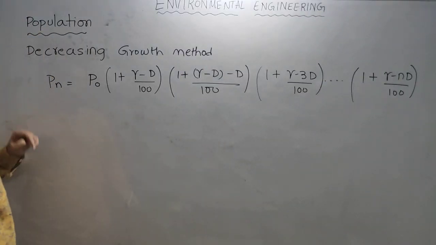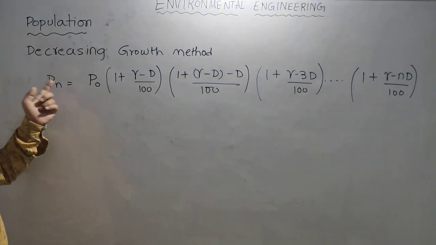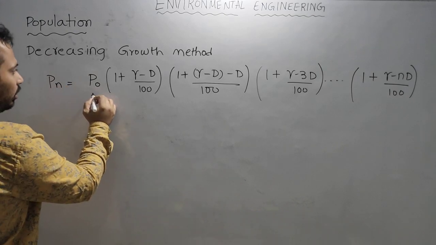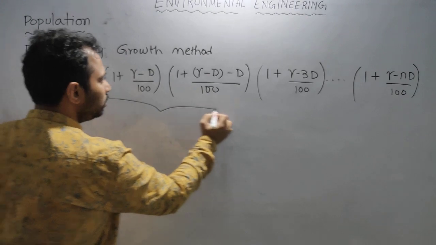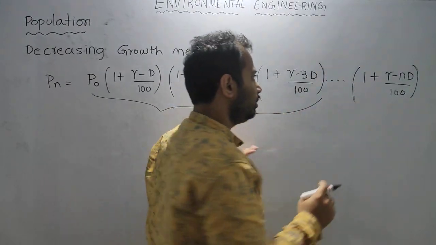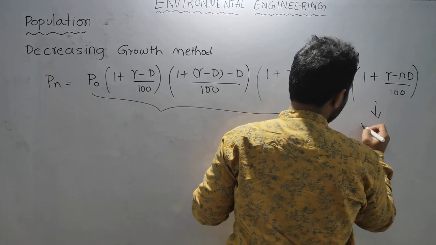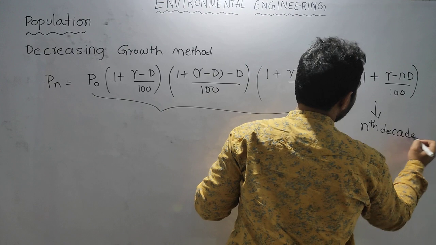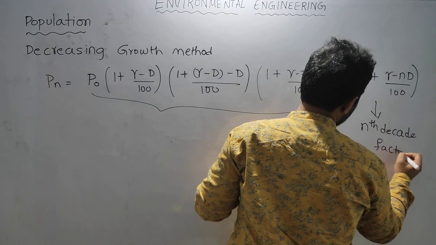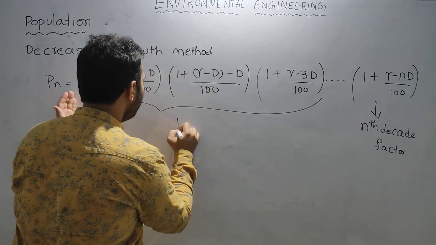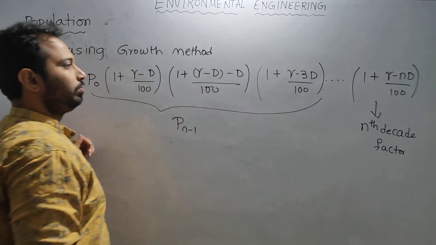When you don't know the n minus 1 population, this is the nth decade factor. Up to this is nothing but P n minus 1.